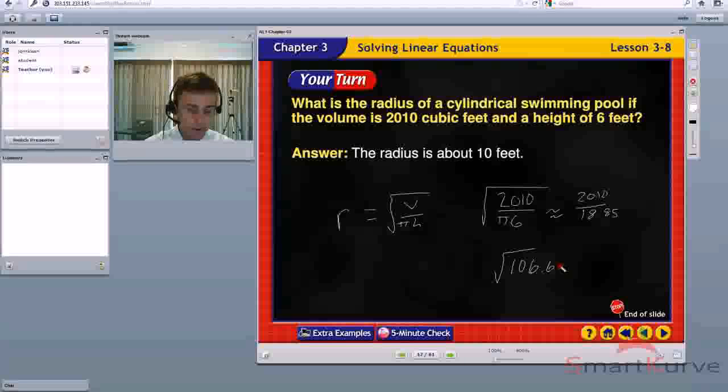The square root of 106.6 is about 10 feet.